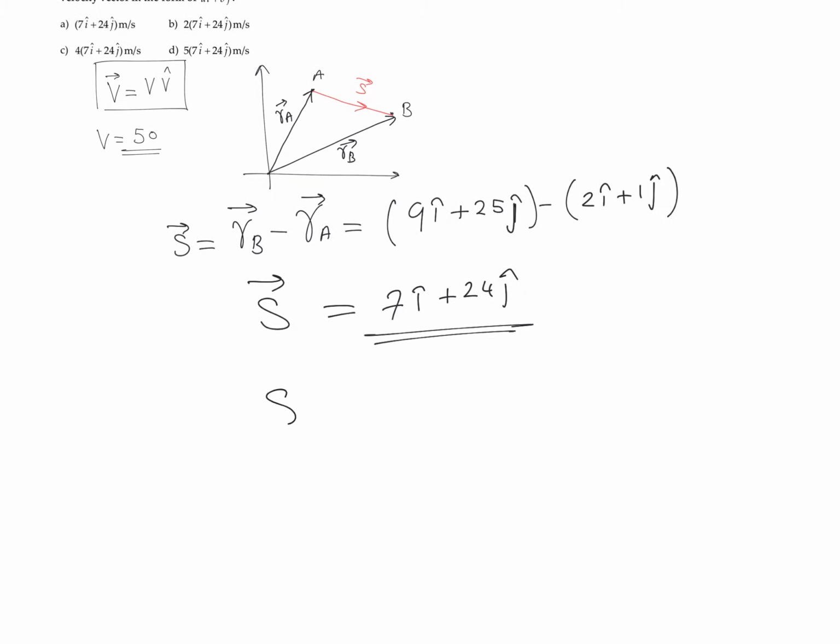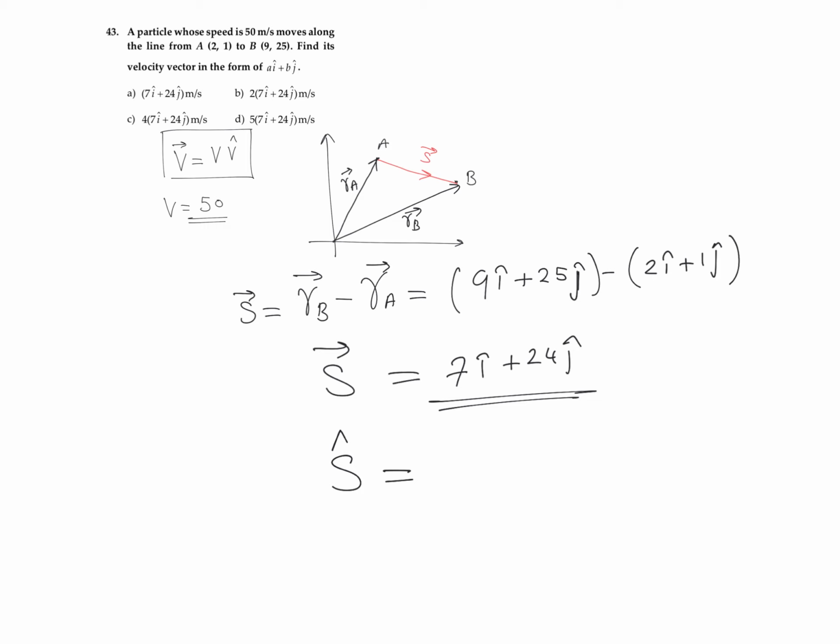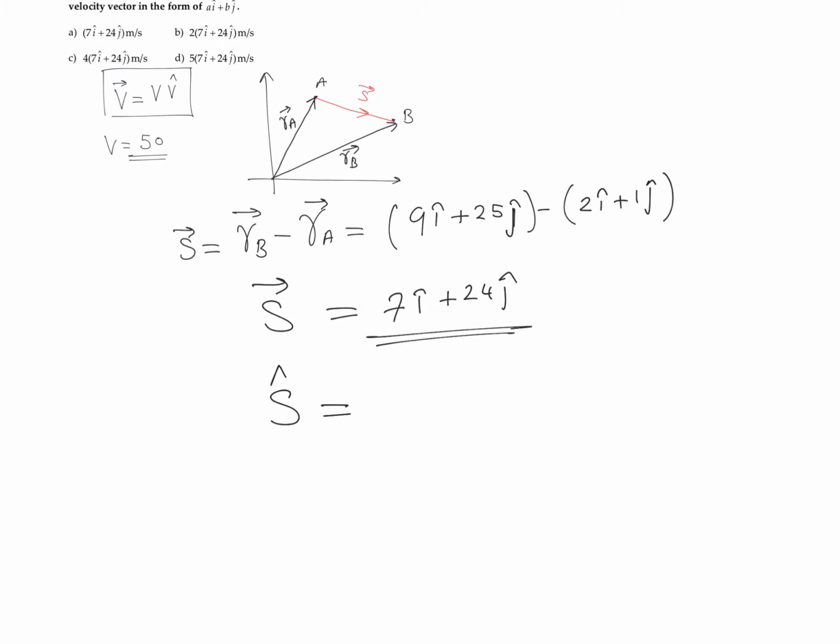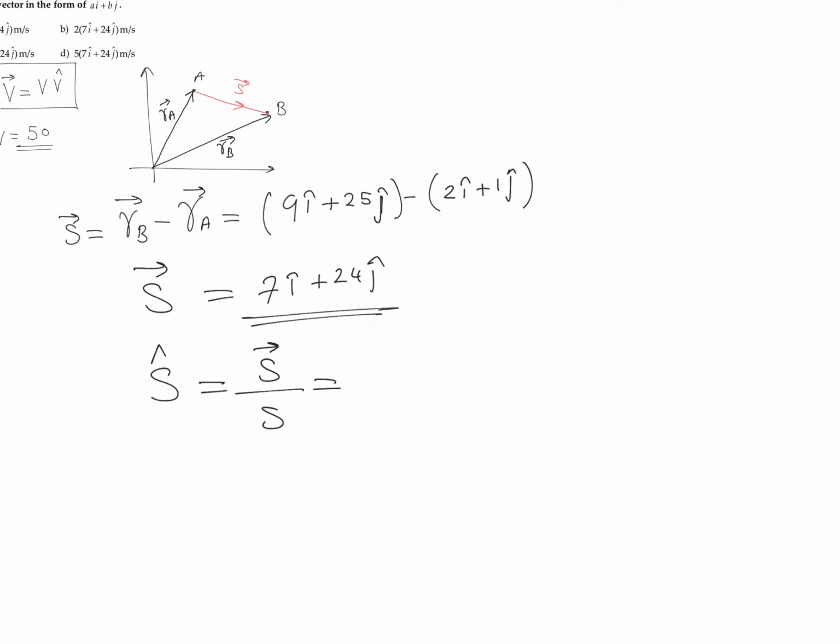Now we want to find out the value of the unit vector along this direction. So the vector of magnitude 1 along the direction of displacement, because we need only the direction of the displacement vector, that is the displacement vector divided by its magnitude.